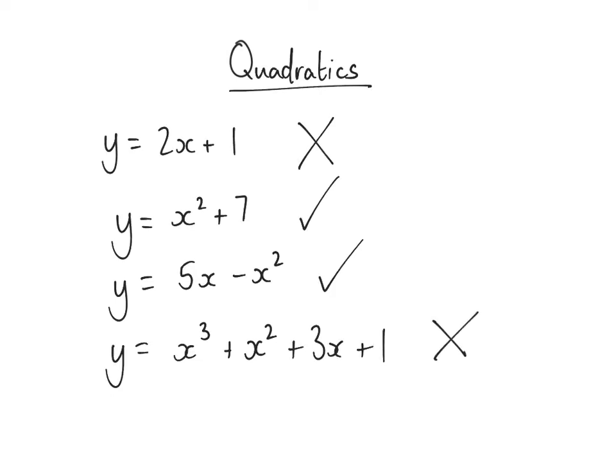That is not a quadratic because the biggest power of x in this one is x cubed. The top one is not a quadratic because the biggest power of x is not x squared. These two are quadratics because the biggest power of x is x squared.